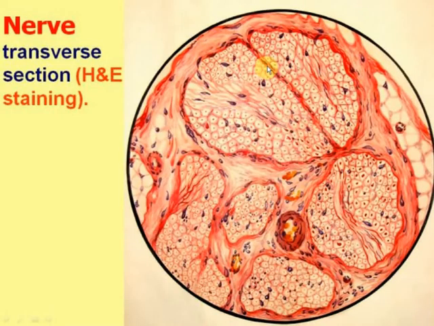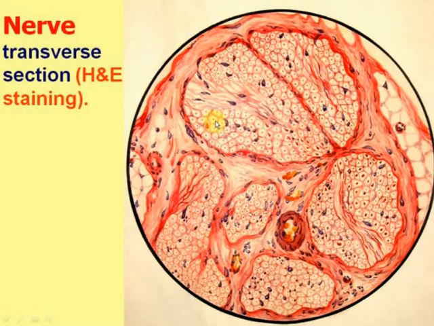This is a peripheral nerve transverse section stained by hematoxylin and eosin. You see individual nerve fibers. They're myelinated in this case. They look like light rings because myelin sheaths don't stain by eosin.